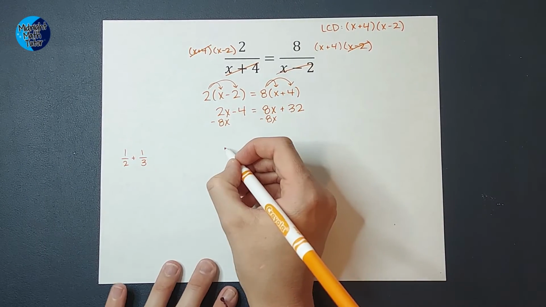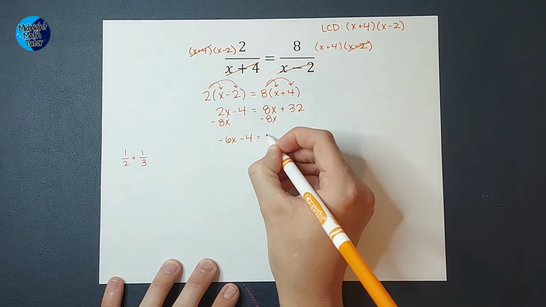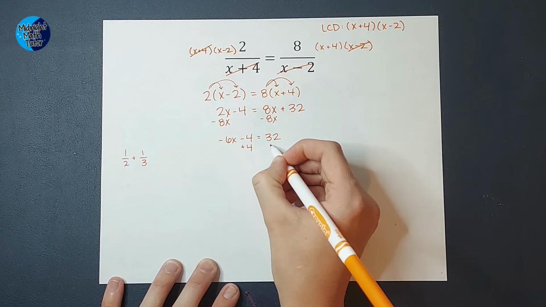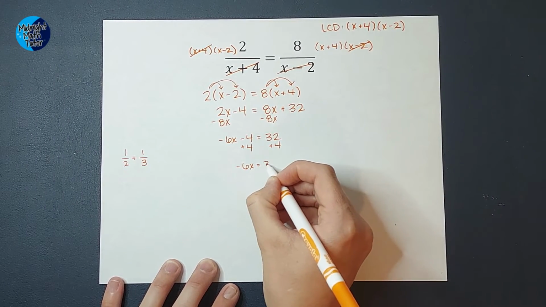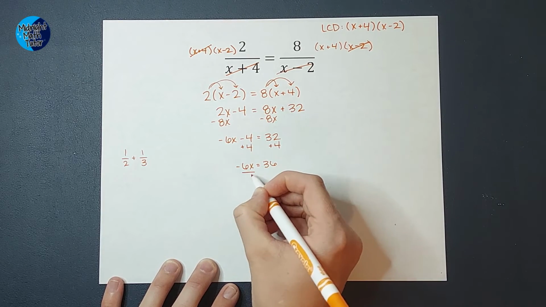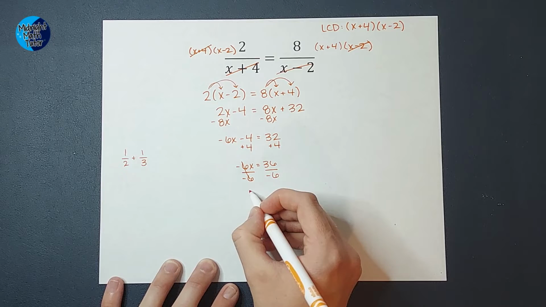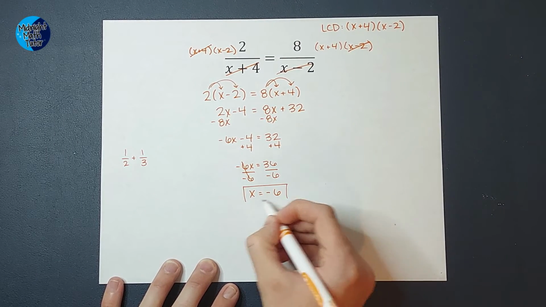So I end up with negative 6x minus 4 equals 32. Remember, I want x alone. So first I'm going to get rid of this 4 by adding it to both sides. And then these are being multiplied, so I'm going to divide that negative 6 off. And I end up with x equals negative 6, okay?